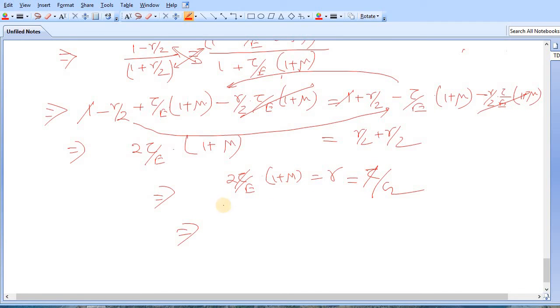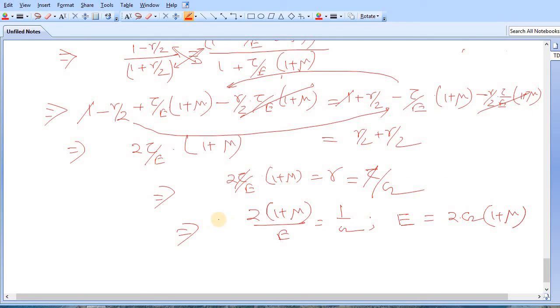You are getting 2 times 1 plus mu by E is equal to 1 by G, or you are getting that E is equal to 2 times G into 1 plus mu. Okay, am I right? No, I think I made some mistake.